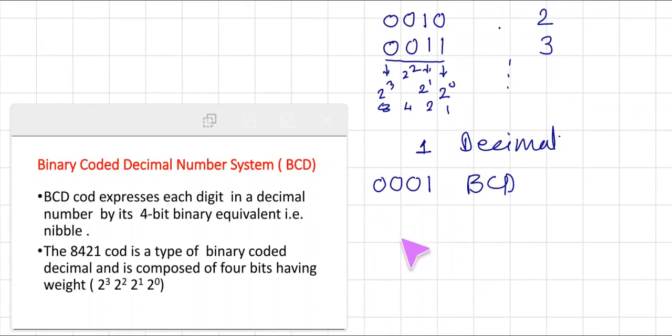Similarly, suppose I want to write 7, then this is a decimal number, but its corresponding BCD code is 0, 1, 1, 1, 4 plus 2 plus 1. So this way each decimal digit in a number can be represented by a corresponding 4-bit binary number. So that is called a binary coded decimal number system.